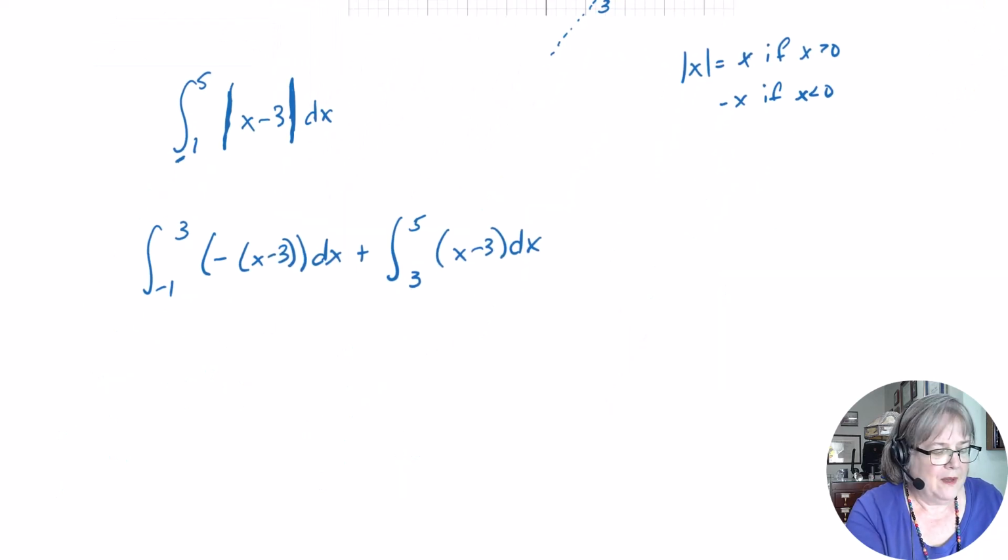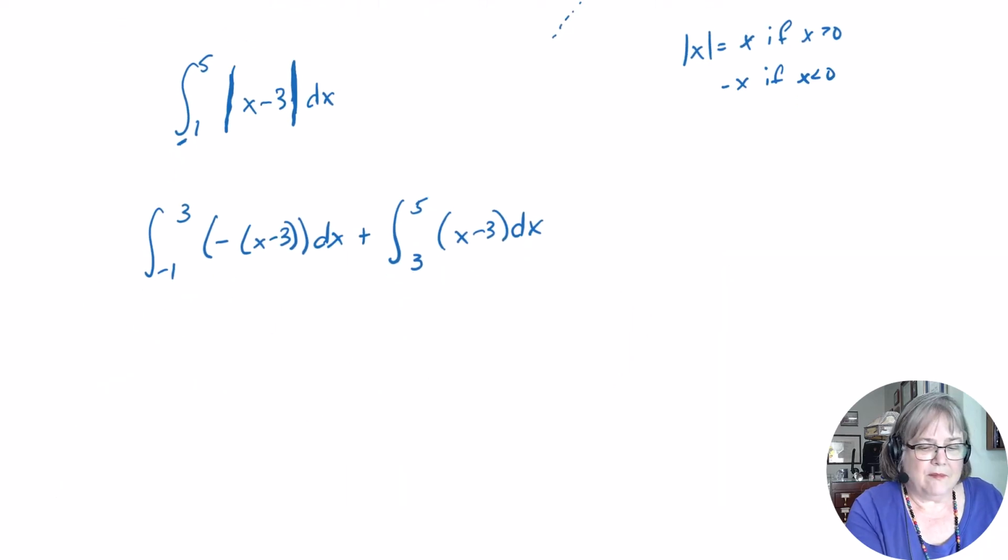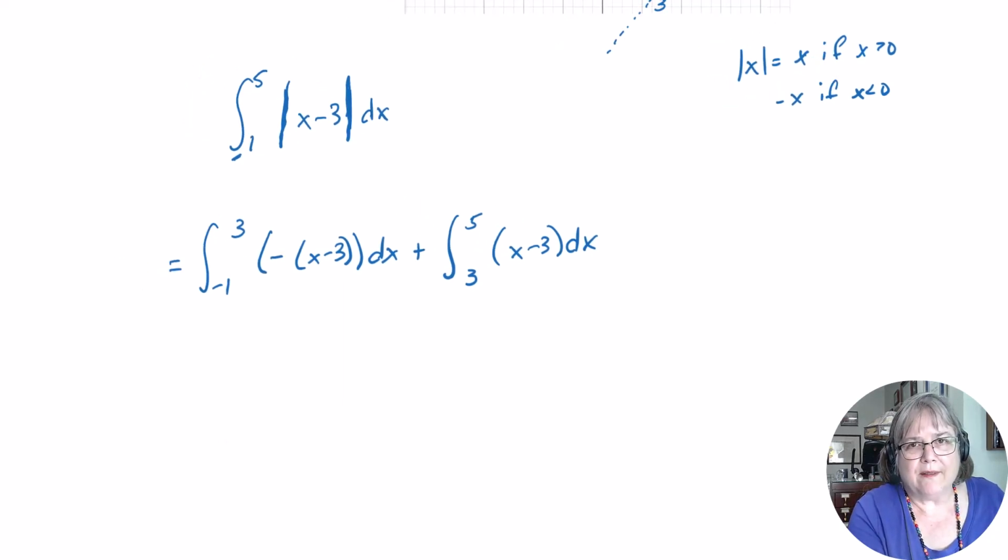We're going to try to clean this up as best we can, and no one's going to remind you to do that. So you just have to add that to your list of recognizable patterns if you have absolute values. I'm going to try to make my life as simple as possible, so I'm going to factor this negative out into the front.